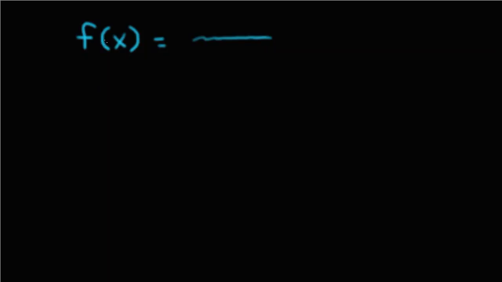And f of x and y or some other variable can be used interchangeably. All this says is that the value of this function of x depends on the value of your variable here.